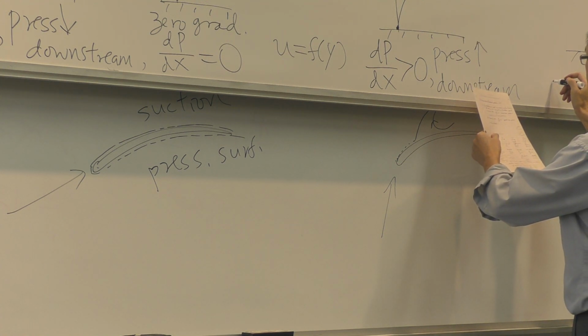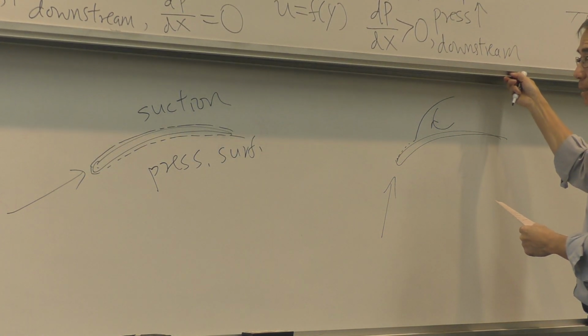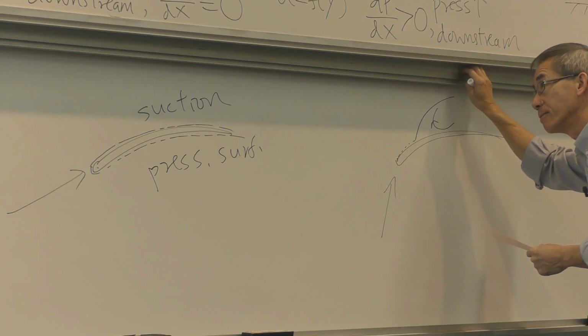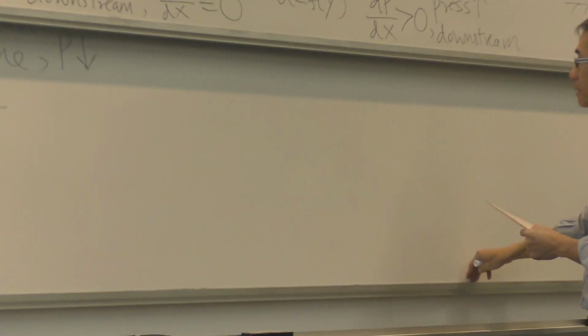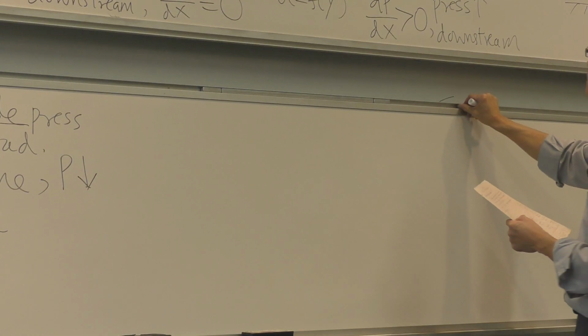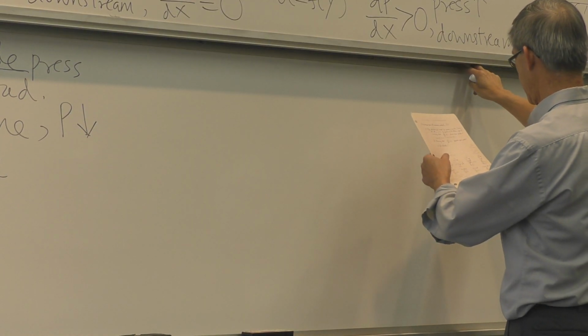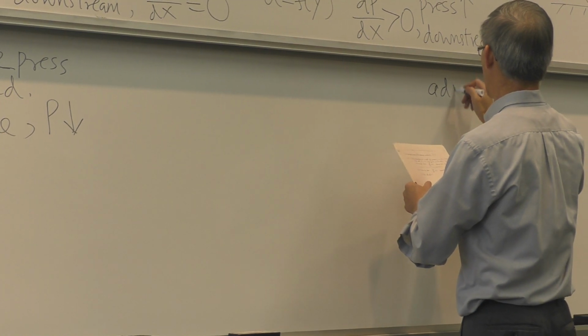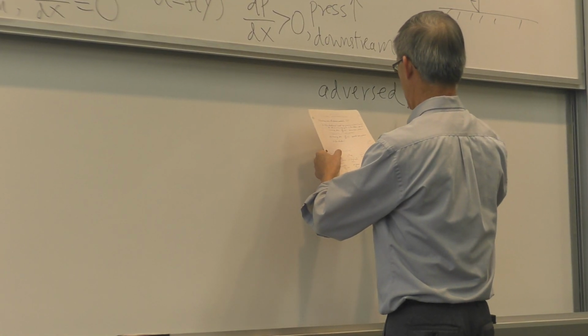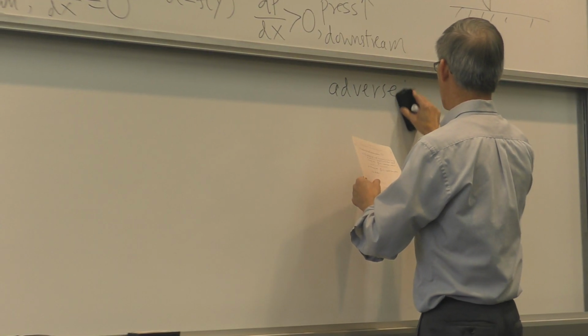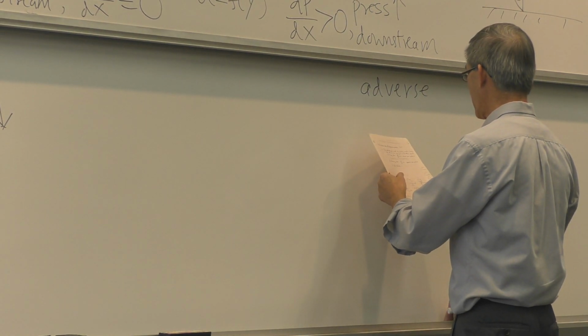We call it both cases where the pressure is increasing downstream. We have a very peculiar name for it to remind ourselves that we're dealing with some very dangerous situation where all hell can break loose.